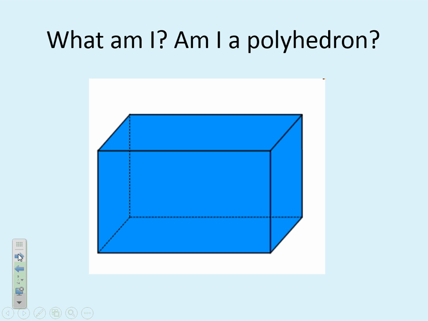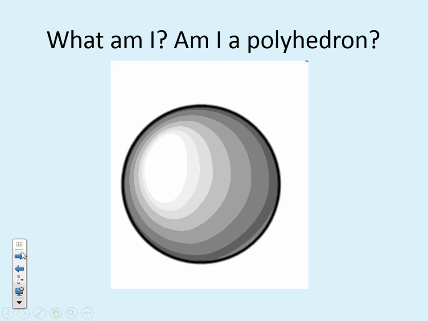A prism that actually has a square base. The bases are actually on the sides here. He's kind of toppled over. So he might be considered a square prism. He might be a rectangular prism if some measurements are given. We'd have to know a little bit more. Is he a polyhedron? Yes, he is, because he again does not have any curves. What about this? This is a sphere. Is he a polyhedron? No, he's curvy, still a solid, but he's not considered a polyhedron.